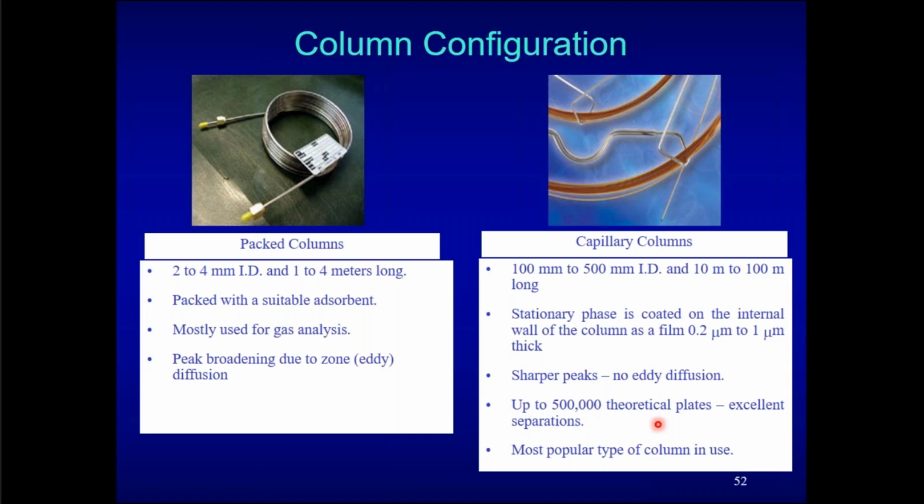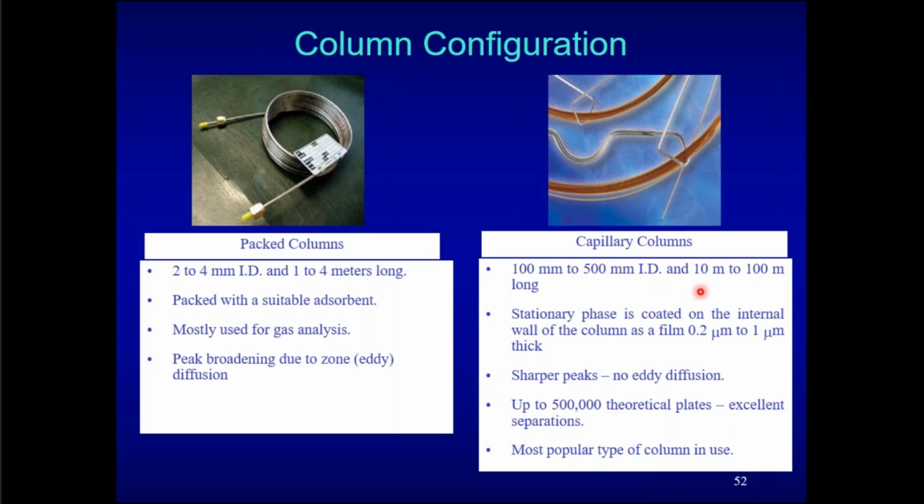You have about 5 lakh theoretical plates in a given column of this length and diameter. In case of packed columns, it's very much lesser. So it's only about 10% of this. So if you have more theoretical plates, then you get better separation.